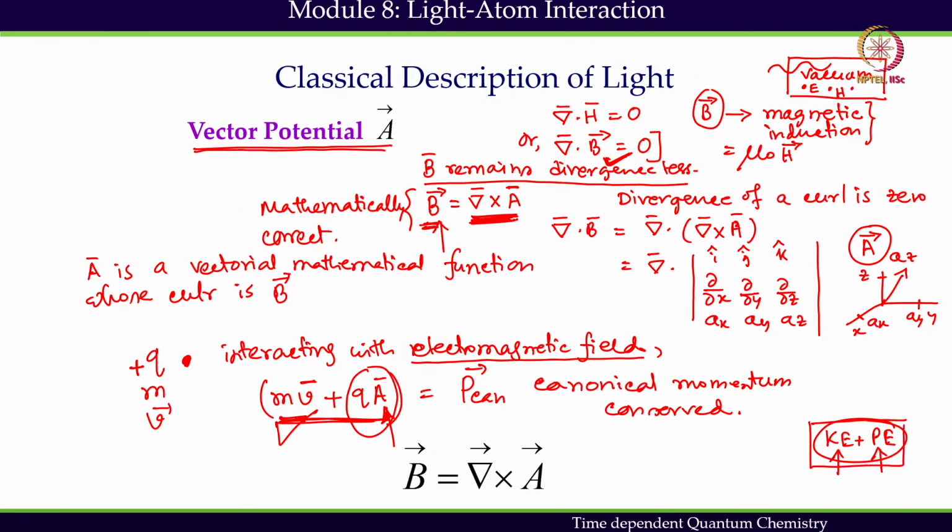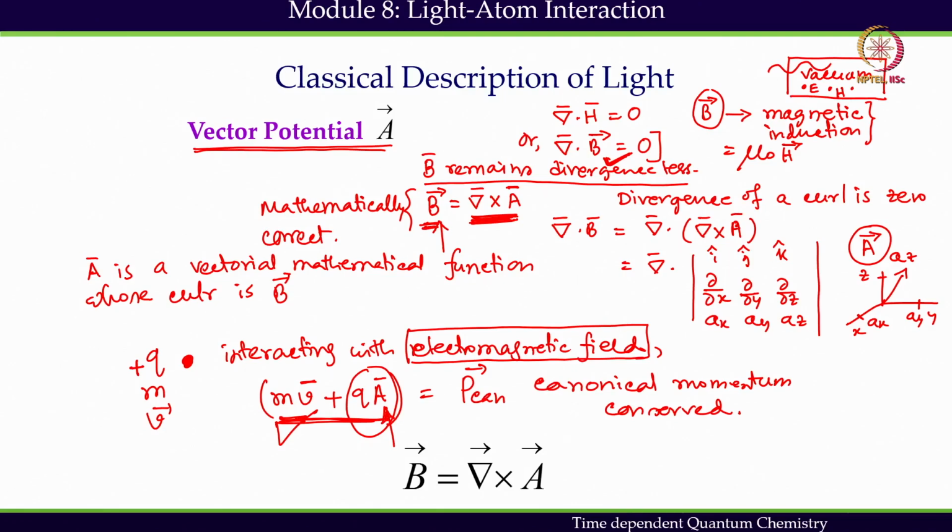Similarly, when a charged particle is interacting with electromagnetic radiation, remember, in order to interact with electromagnetic field, the particle has to be charged. If the particle doesn't have a charge, then it cannot interact with the electromagnetic field.